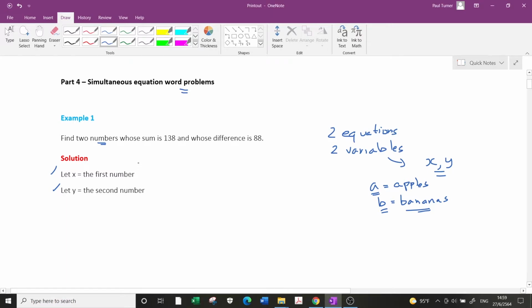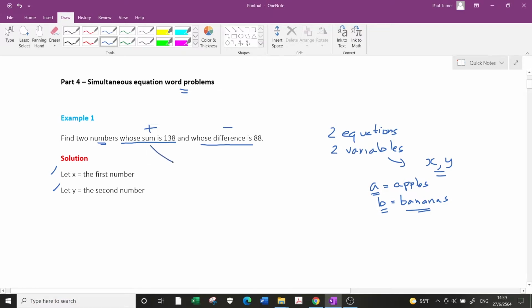In the first part of the sentence, it says the sum of two numbers is 138, and sum means addition. In the second part of the sentence, the difference between the numbers is 88, and difference is subtraction. We let both of our numbers be x and y here.